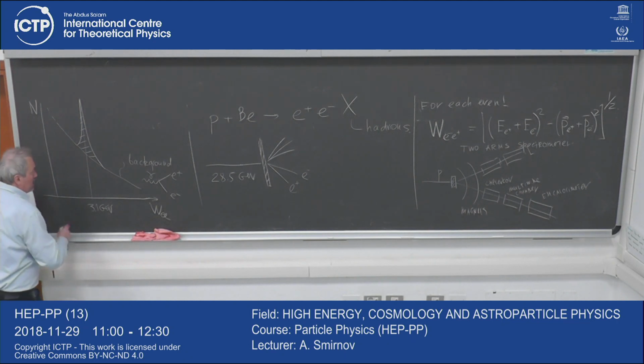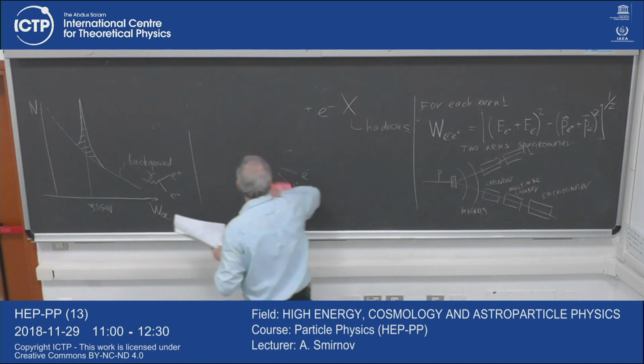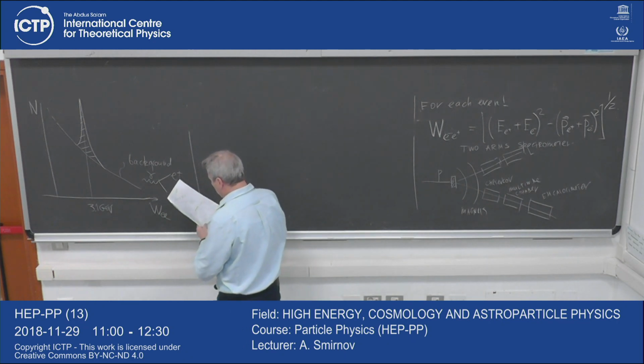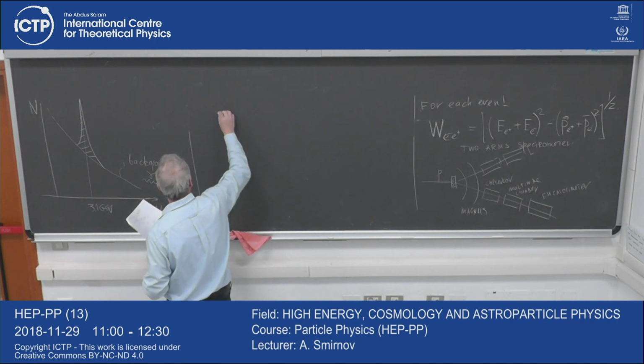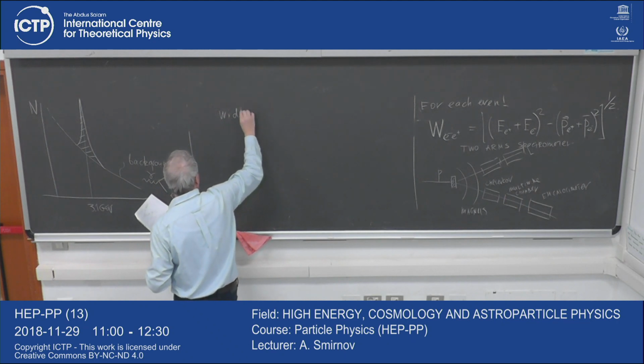So this is the first. The second one is he measured, of course, the width of this peak, and the width of this peak at half height was quite narrow, and it was in agreement with just energy reconstruction.